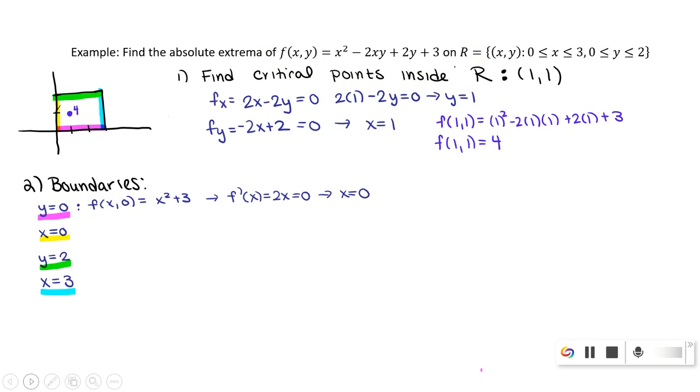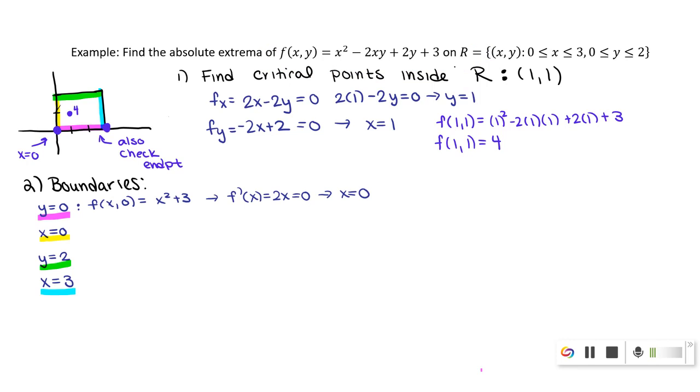I'm going to find the derivative and set it equal to 0. The derivative of x squared plus 3 is 2x, and that equals 0 at x equals 0. So along that boundary in purple, when x is 0, I drew a point in blue on my screen. So we're at the point (0, 0). That is a critical point along that boundary.